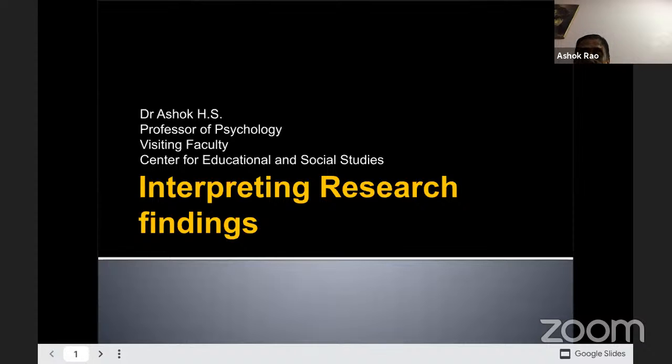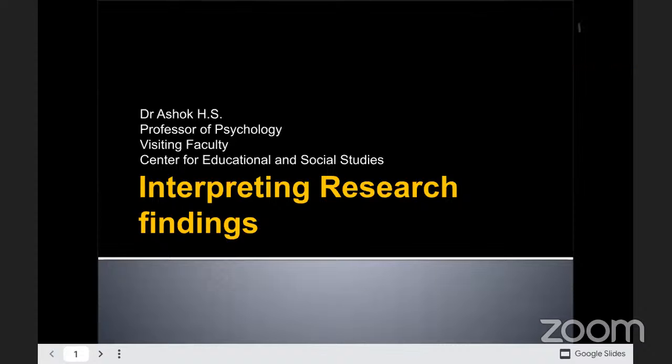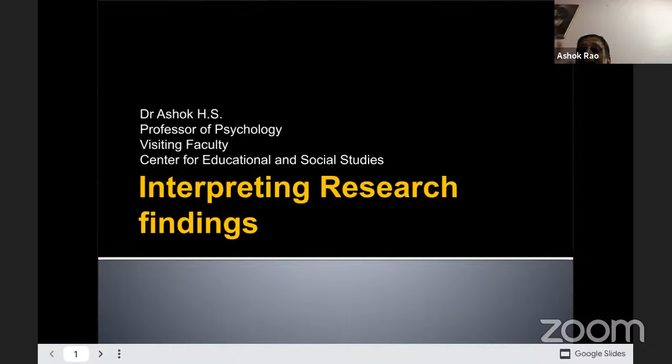How do you interpret, especially when writing the discussion based on your research finding? As I said, interpretation has three components. One is relating it to the theory. Another is relating it to the earlier studies, and then trying to make a phenomenon in this concern.